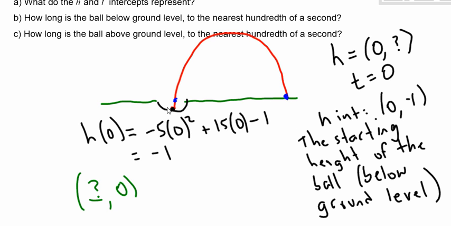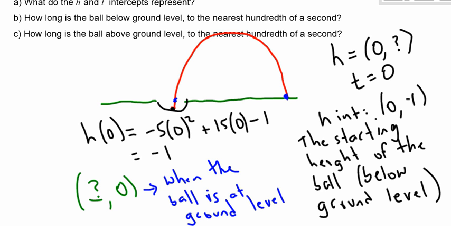So those t-intercepts are going to represent when the ball is at ground level. And again, we're going to get 2 of them. One of them very soon after the ball is hit because it only takes a meter and the ball is going to go up pretty quickly. And the other one when the ball comes back down and hits the ground.